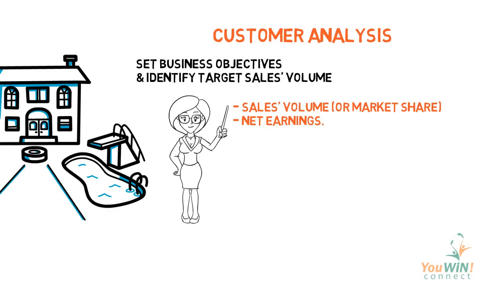The two objectives are, however, not mutually exclusive. A company can work towards both objectives at the same time, however, it should prioritize them. One way to reconcile these two objectives is to identify the target sales volume and the profit index, which will be calculated in the financial plan.